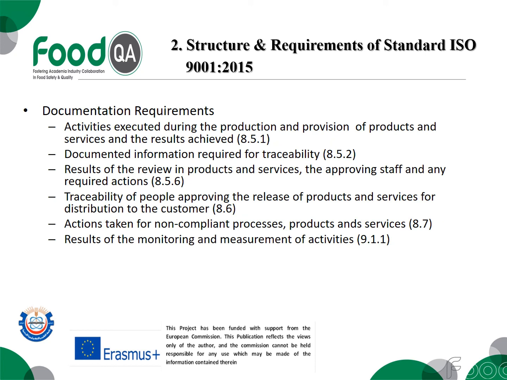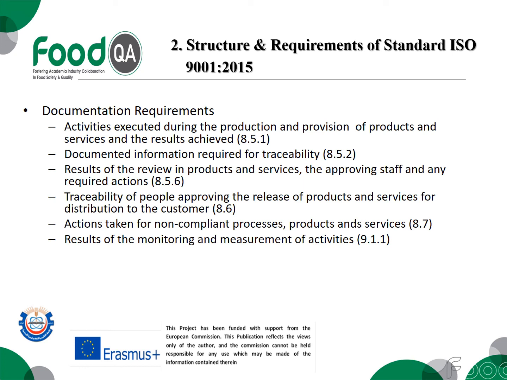Additionally, activities executed during the production and provision of products and service, and the results achieved 8.5.1. Documented information required for traceability 8.5.2. Results of the review of products and services, the approving staff and the required actions 8.5.6. Traceability of people approving the release of products and services for distribution to customers 8.6.